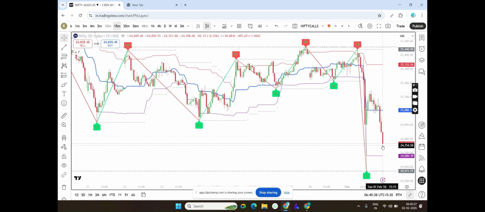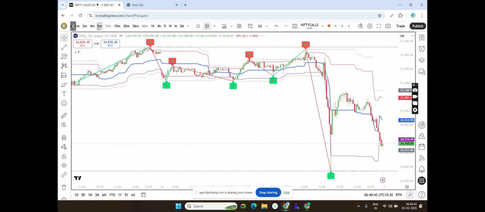So let us come to the scalping range, that is 5 minutes time frame, and see what happened on the budget day. Okay, so here we can see the sideways movement, and the trend change happened clearly here at 11:40 candle.